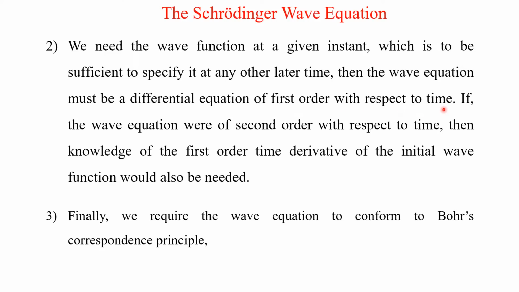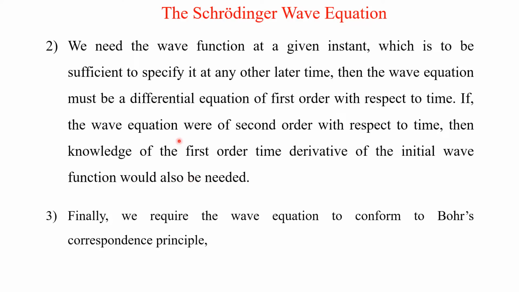Another important point is, if the wave function were second order with respect to time, then the knowledge of the first order time derivative of the initial wave function would also be needed.